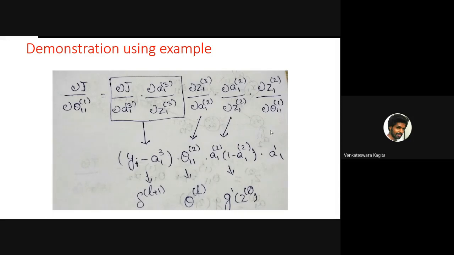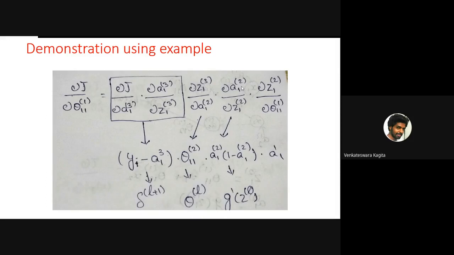So what I am trying to say is that this backpropagation algorithm is avoiding redundant computation. If you store these terms that you have already computed at the previous layers while doing backpropagation or forward propagation, you can avoid this redundant computation, which saves a lot of time.